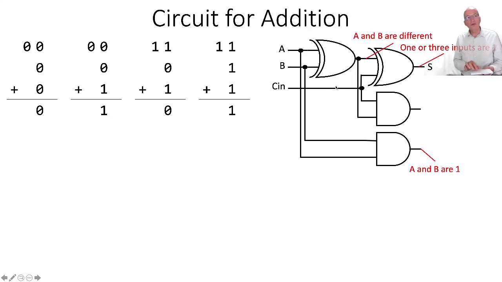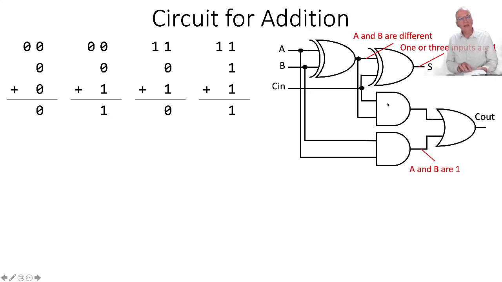Now what I'm going to do, I will take the same A and B output and do an AND with the carry in. And then I'll do an OR of these 2 partial results here. So what I have in the end is that at least one of the 2 inputs is 1. Because look, if A and B are both equal 1, I get a 1 here, and that will cause the output to be 1.